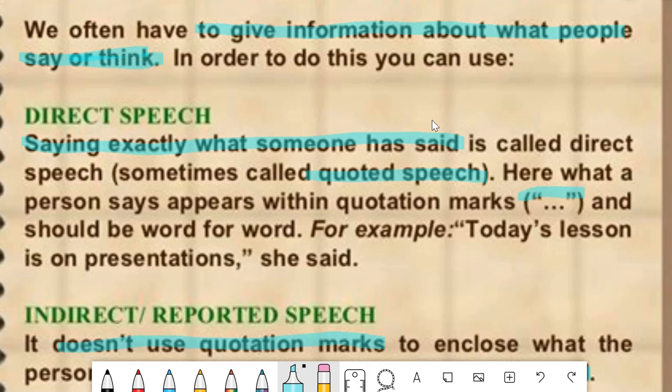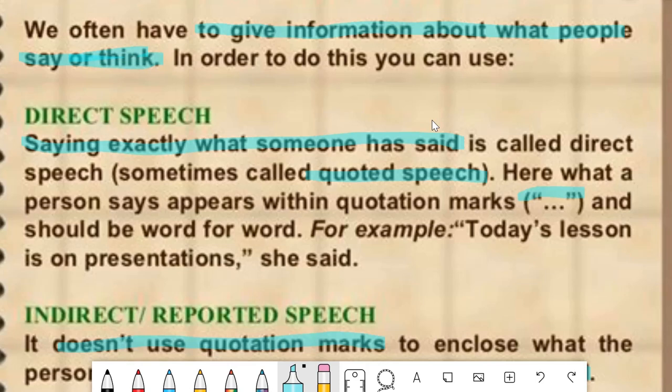Your teacher said to your class monitor, "Today I'm not going to be able to attend your class. So as a class monitor, please ask your friends to do the grammar exercise on page 71." And then your class monitor will go to class and relay the information to all of you, to his class members.